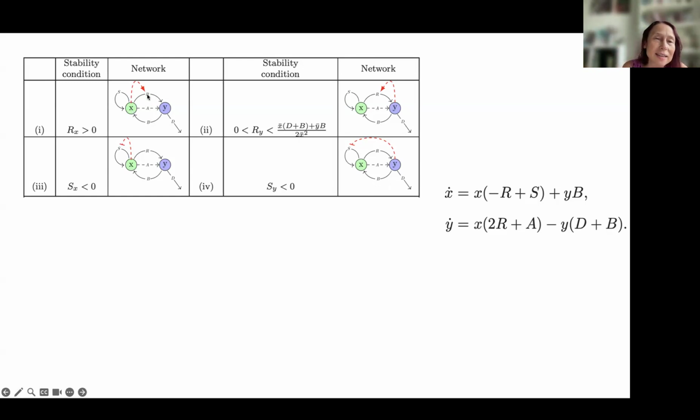This says that the rate R, which is differentiation of stem cells, is positively controlled by X. This means that this function R, and it also appears in the second equation, is a function of X. And moreover, dR/dX, the derivative, is positive. The more X's there are, the more they try to differentiate.